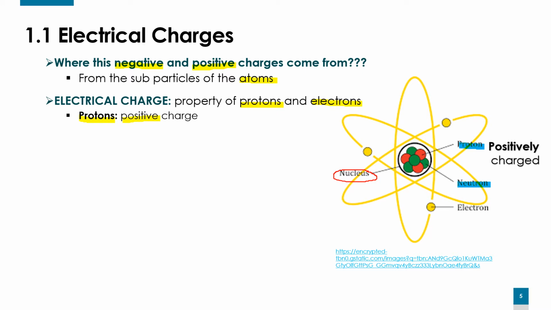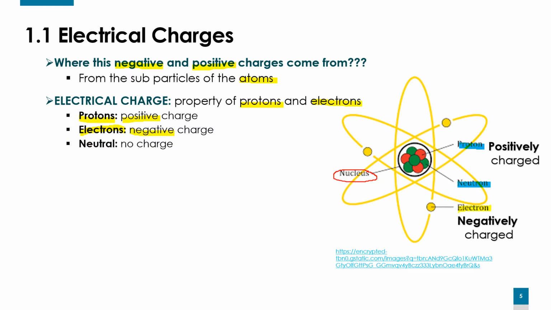So protons have positive charge. What about the electrons? Electrons have negative charge. What about the neutron? The neutron has the name because it's neutral. There is no charge at all.